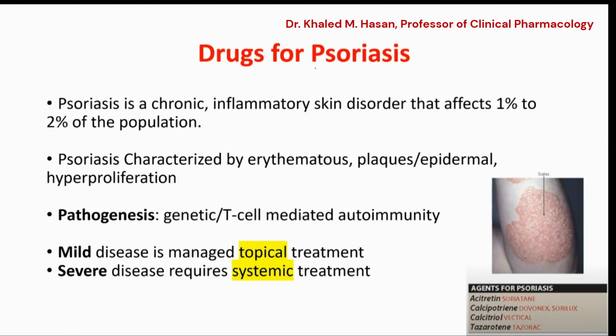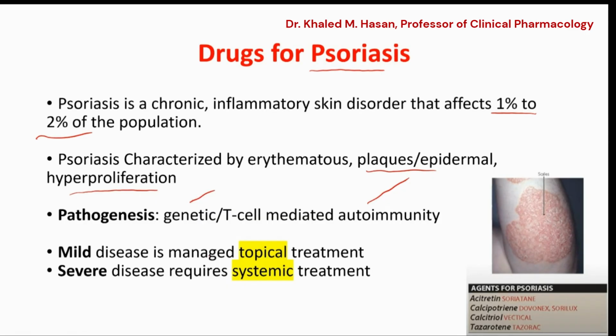For psoriasis, we start with the prevalence, about 1 to 2% of the population. It appears as erythematous, scaly plaques with epidermal hyperproliferation. The causes could be genetic or autoimmune.